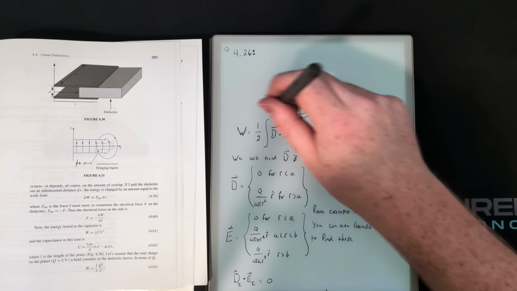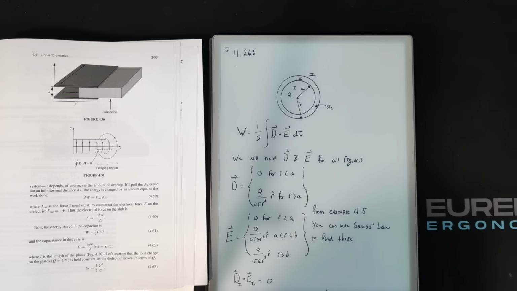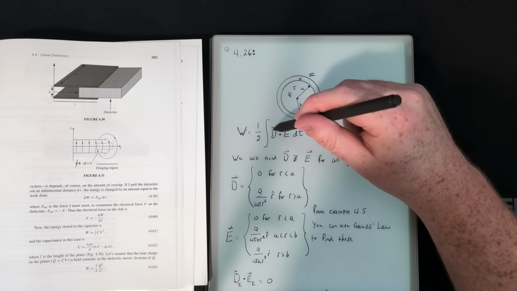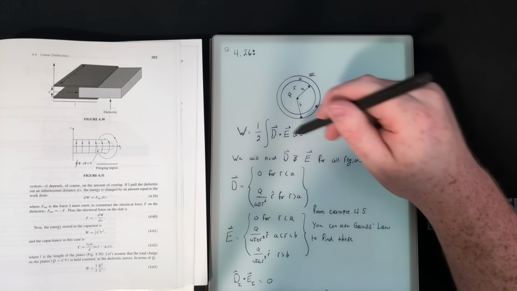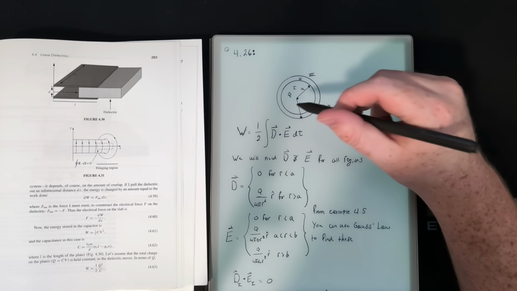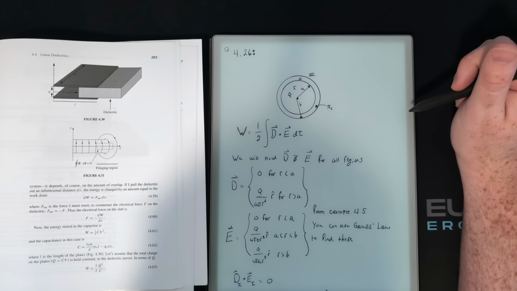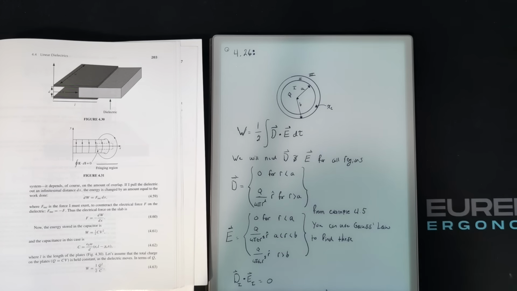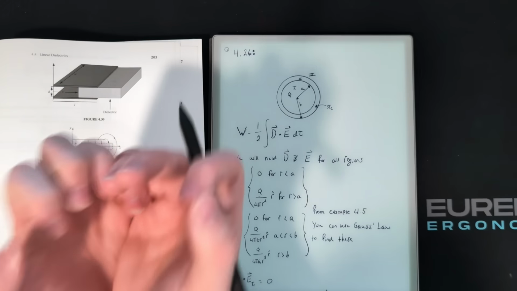The whole derivation of this equation relies on the free charge in the system. So this is going to be the work done to put that free charge Q onto the conducting sphere that is surrounded by this dielectric material.